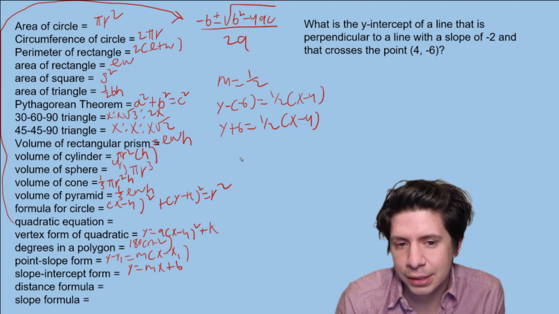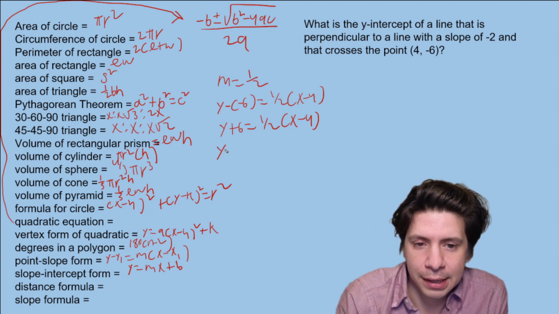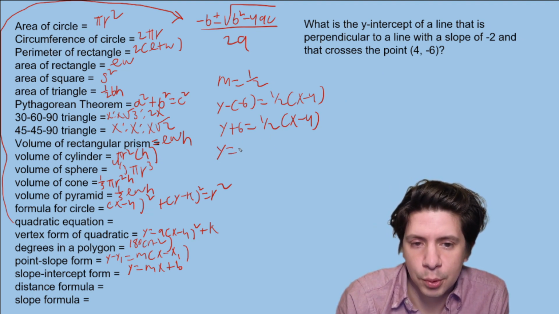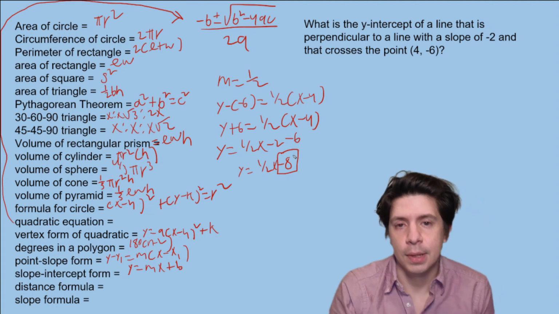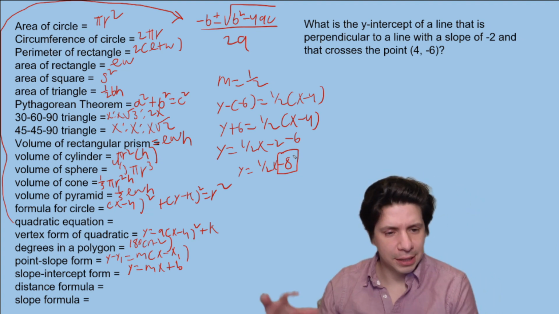We already have it written, so we would just move things over and get y equals 1/2 x. 1/2 times negative 4 is negative 2, minus 6. And we get y equals 1/2 x minus 8. And this is the y-intercept.